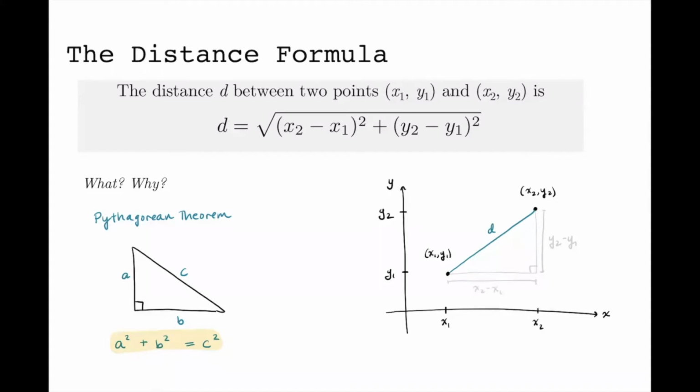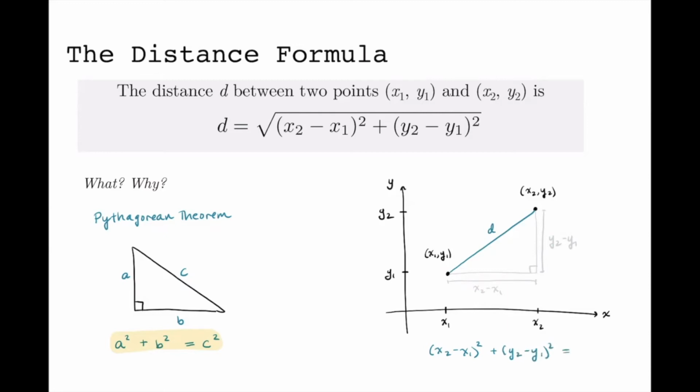Now applying the Pythagorean theorem to this triangle will give us that if we square, it doesn't matter the order, but if we square this bottom leg first, then we will have (x2 minus x1) squared. Then we'll add the square of the other leg, (y2 minus y1) squared.